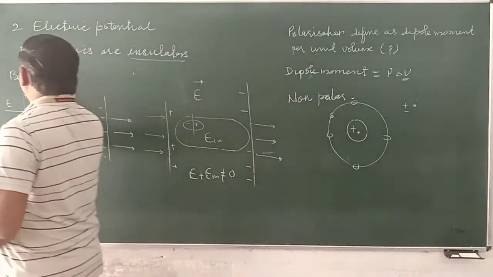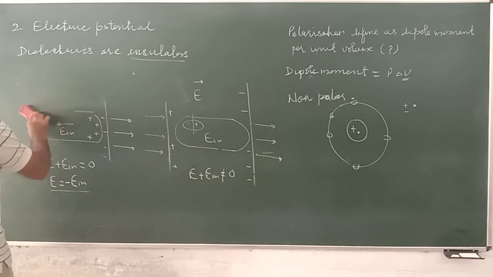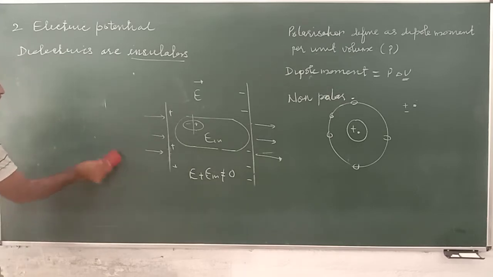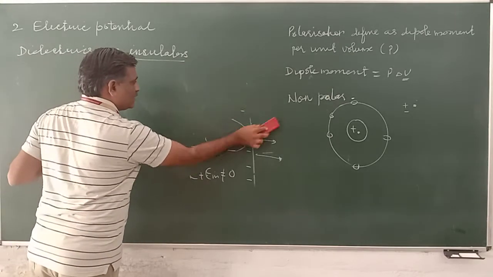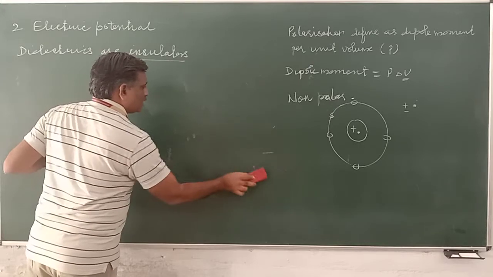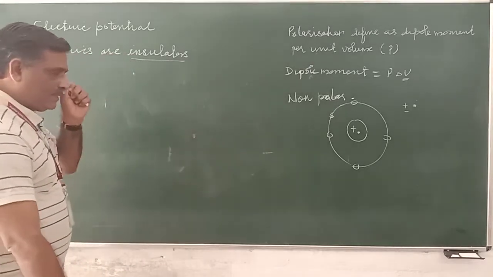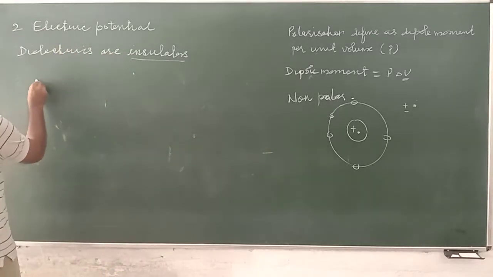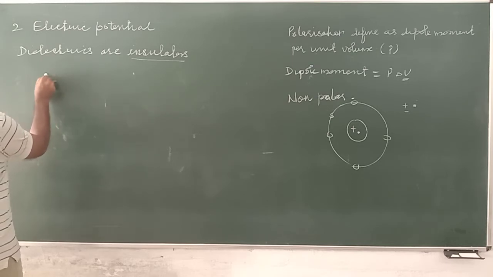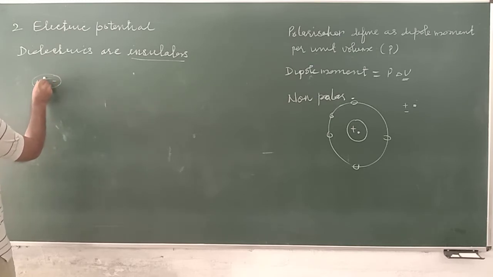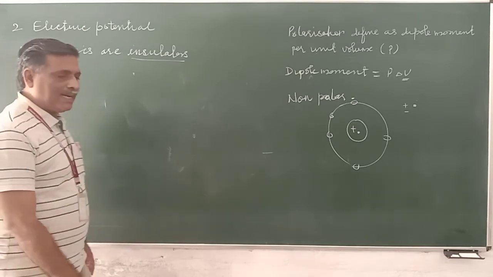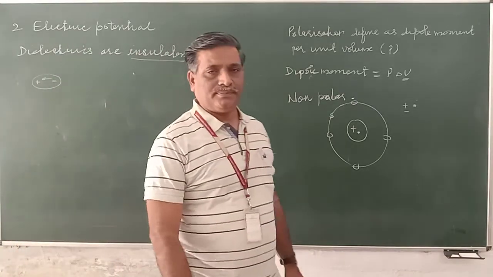But what about polar substances? In case of polar substances, the positive charge center does not overlap the negative charge center. There is a positive charge center, a negative charge center, and a dipole moment at atomic level itself.